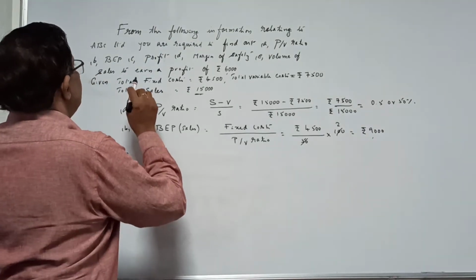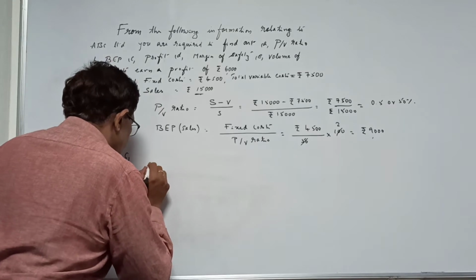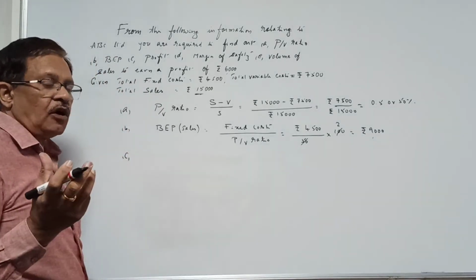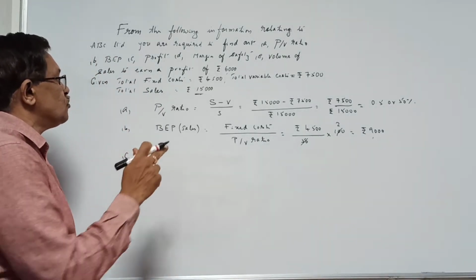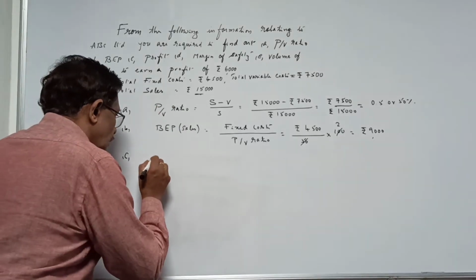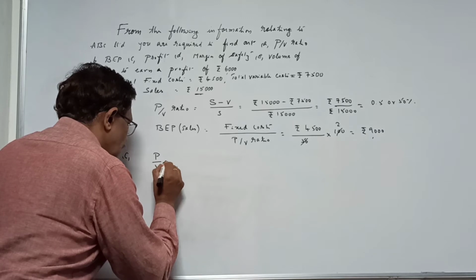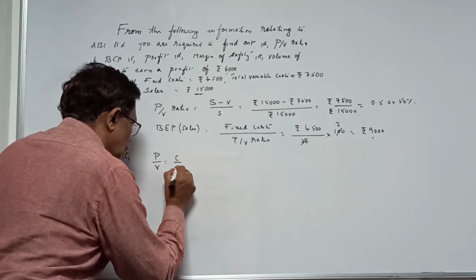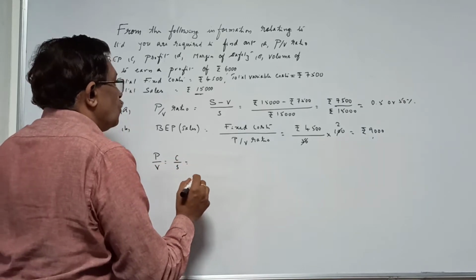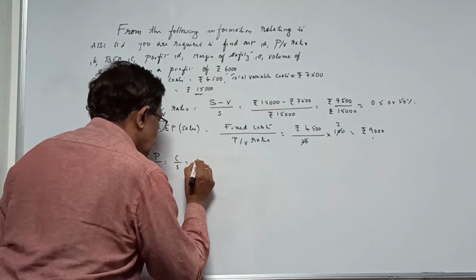He is asking us to find out the profit. The profit can be found out by using the PV ratio. We know that the PV ratio is nothing but C by S ratio, which we got as 0.5.